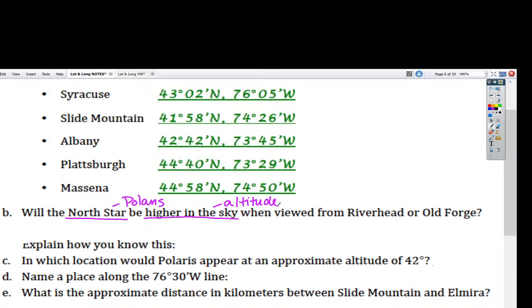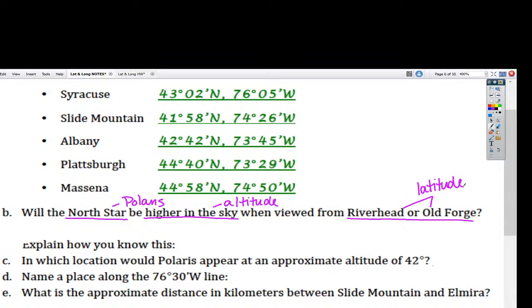So what am I going to use with Riverhead and Old Forge to determine the height of Polaris in the sky? What about those two locations would tell me about the altitude of Polaris? Good, 2 hands, nice. Camden? Exactly. The latitude of these two locations will tell us the altitude of Polaris, because remember, they should be equal to one another.